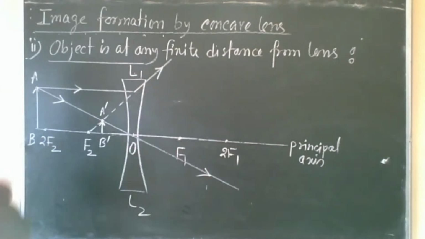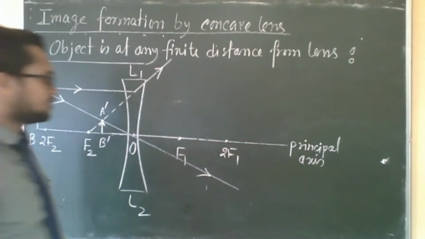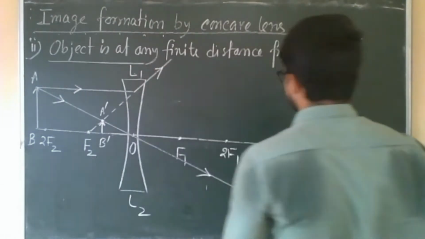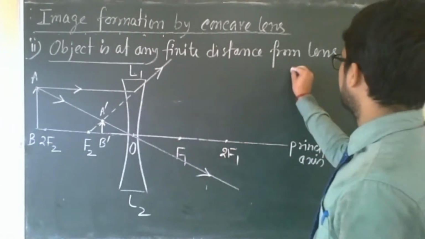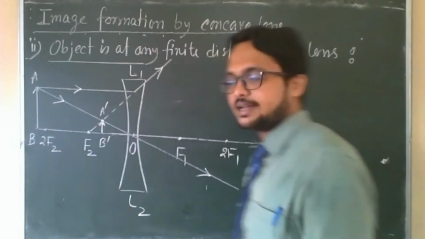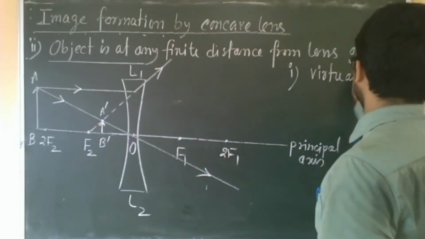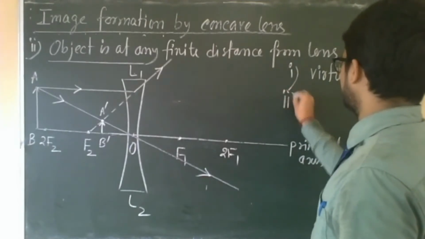You can easily see this is the object height and this is the image height, smaller, so diminished. Properties you can easily write by seeing the ray diagram. First, object and image are both on the same side. Same side means virtual. Virtual images are always erect or upright.